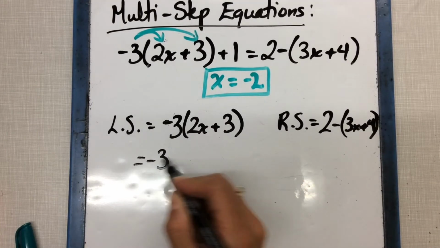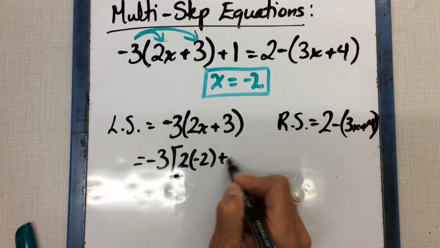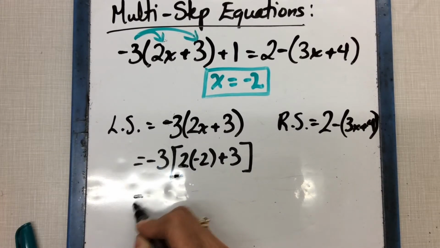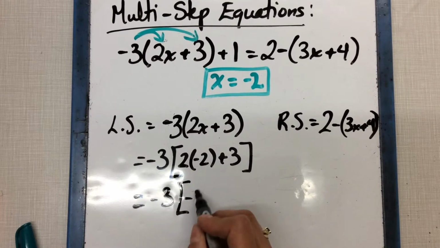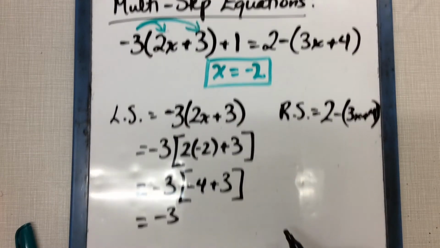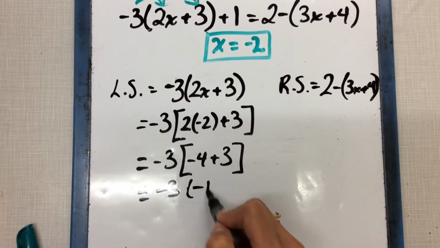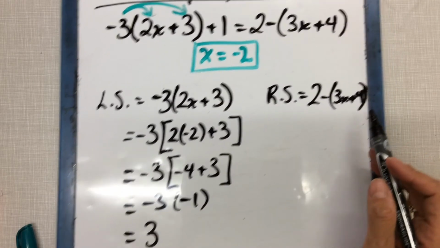So now I will use a big bracket. I will put 2 times negative 2 plus 3. And that is negative 3 in bracket, because of BEDMAS, negative 4 plus 3. Negative 3 times a negative 1 gives me a positive 3. Now let's hope we get a positive 3 on this side.